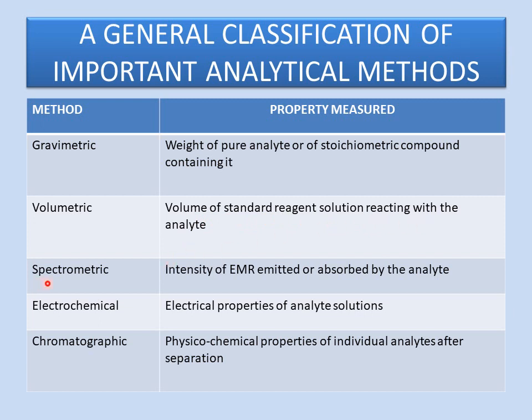Then in spectrometric method, the intensity of electromagnetic radiation emitted or absorbed by the analyte is being measured. In electrochemical methods, electrical properties of analyte solutions are being measured. And in chromatographic methods, physicochemical properties of individual analytes after separation are being measured.